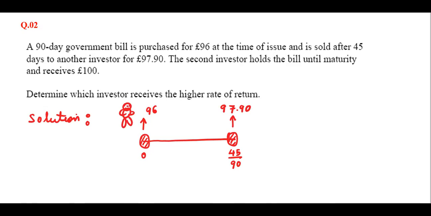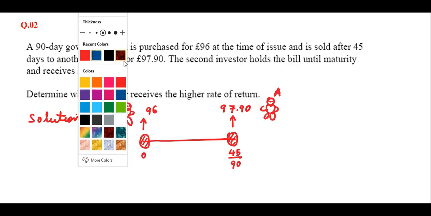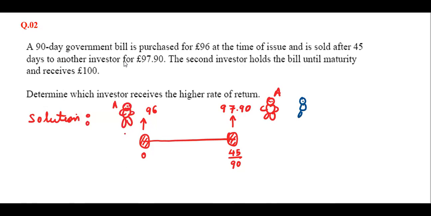This guy purchased and sold here to the other guy. Suppose this guy is A, sold it to B. Now B will get the redemption one.